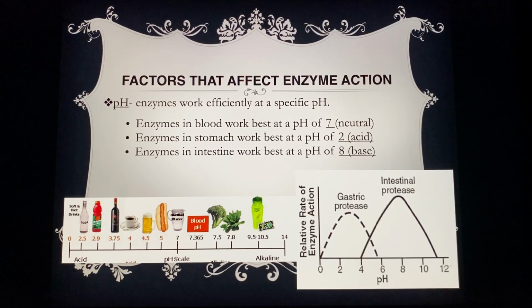But in the stomach, we have a pH of 2. That's way down close to the 0 on the acid scale. That's very acidic, and we need that in order to break down food. Then enzymes in the intestine work best at a pH of 8. That's a little more of a base, so not too much breaking down going on.